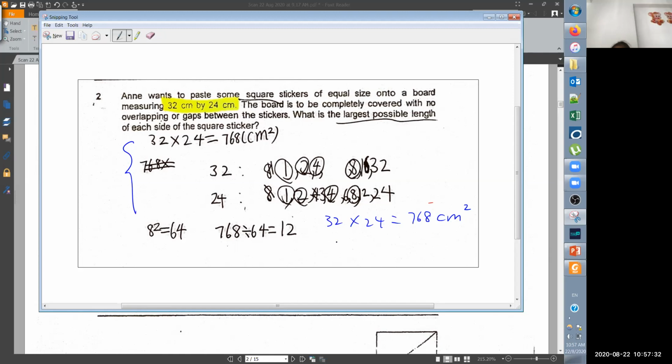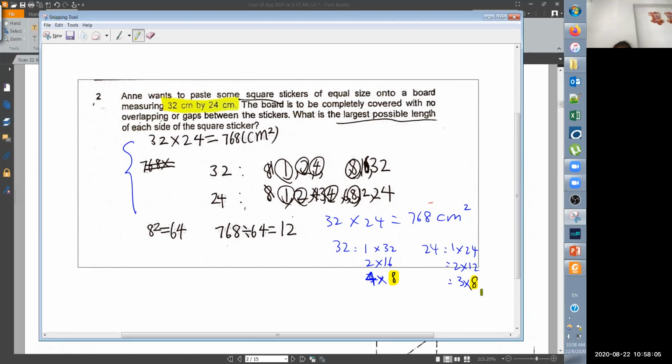Basically, you write down 32: 1 times 32, 2 times 16, 4 times 8. Then your 24: 1 times 24, 2 times 12, 3 times 8. Then you realize they share a common 8. This is called a common factor.